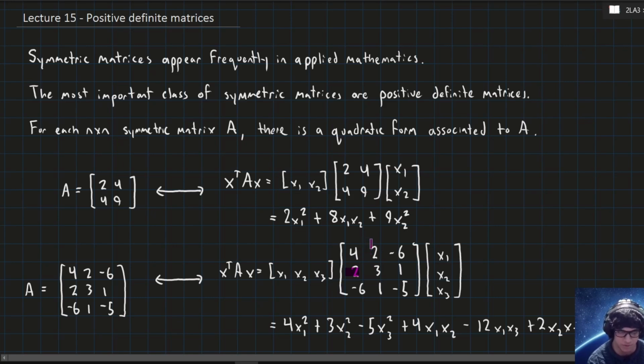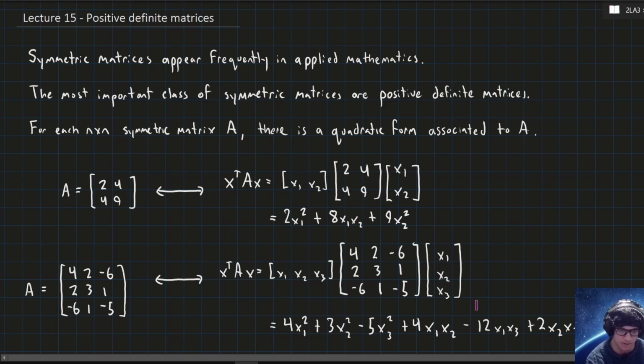This is sort of the 1, 2 position. They sum together to give the coefficient of this. Similarly, the row 1, column 3 position and the row 3, column 1 position, we sum those together to get negative 12 x1, x3, and we sum 1 plus 1 to get 2 as the coefficient of x2, x3.